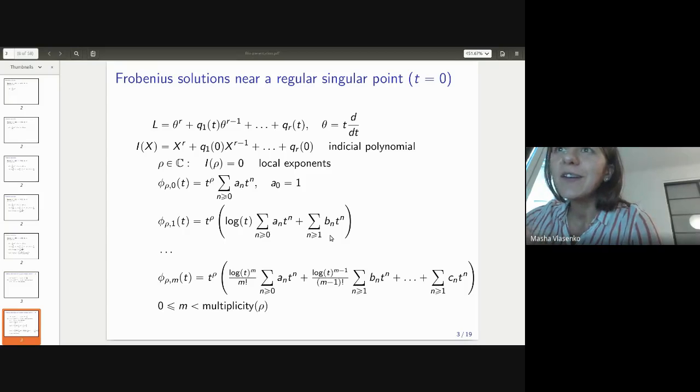If some of you are experts, you can tell me that I'm ignoring one issue here. This formula written here works if rho plus 1, rho plus 2, and so on are not local exponents. So we should choose for each set of local exponents that differ by integers.